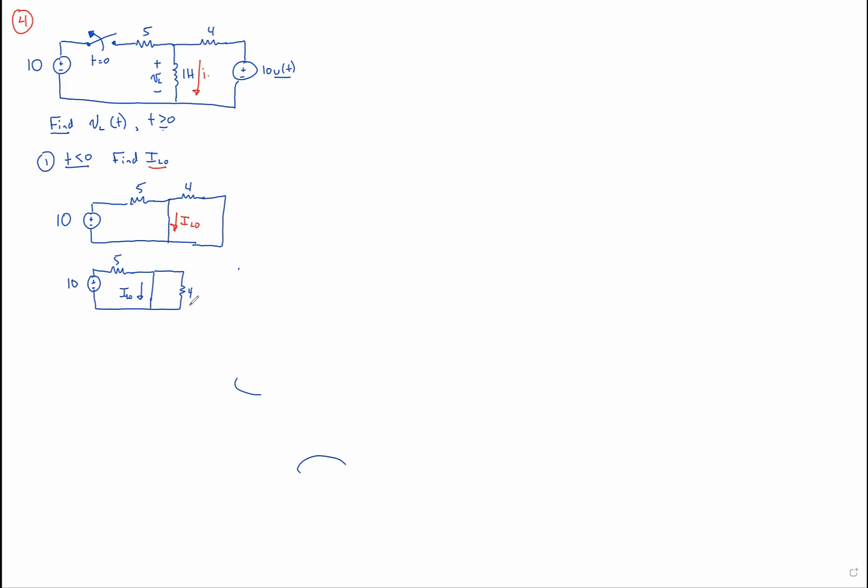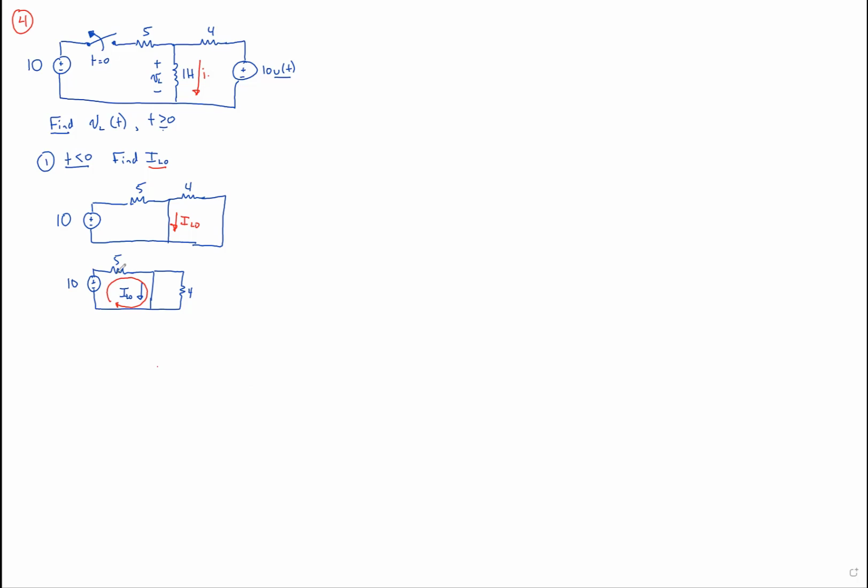Now we can't combine them because if we did, we would destroy all of our internal currents. And after all, that's what we want to find. But it is clear that all the current is going to go through this short, and none of it, when faced with a choice between going through a short or the 4 ohm, would go through the 4 ohm. It's really just a current divider.